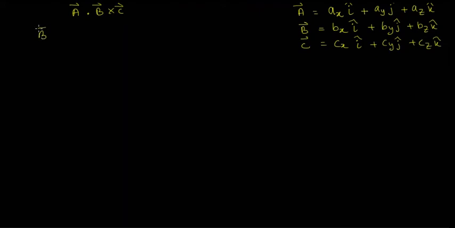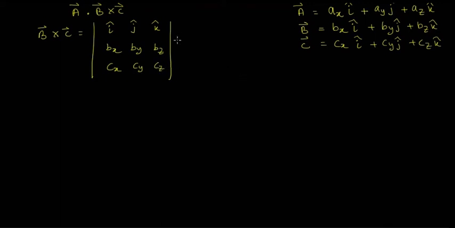So what is b cross c? I have already told you, you can write this in the form of a determinant. First you write i cap, j cap, k cap, then bx, by and bz, then cx, cy and cz.